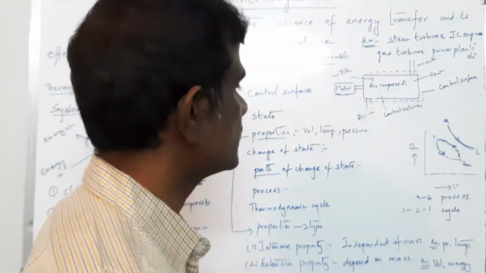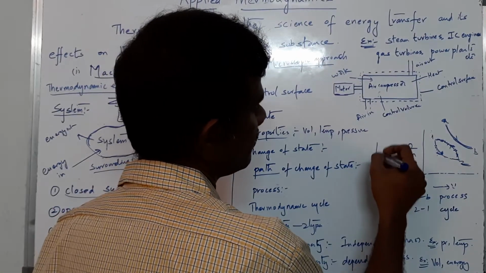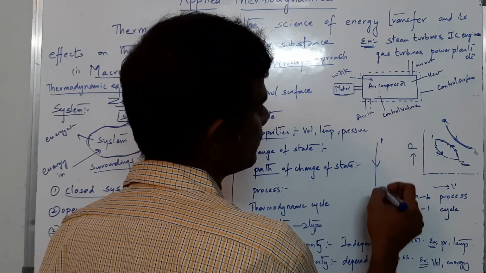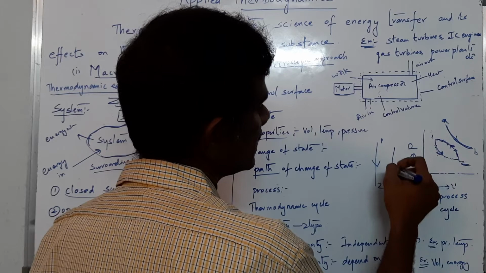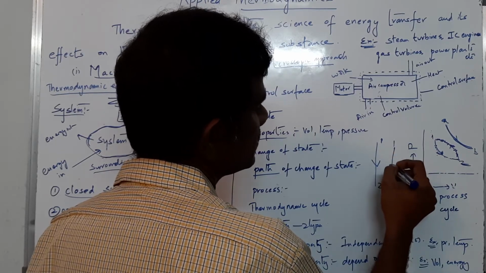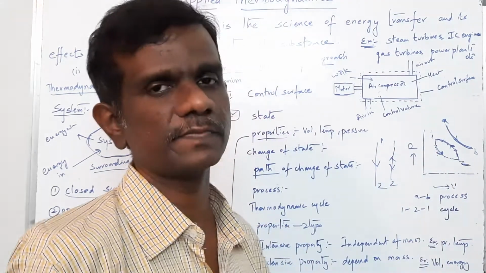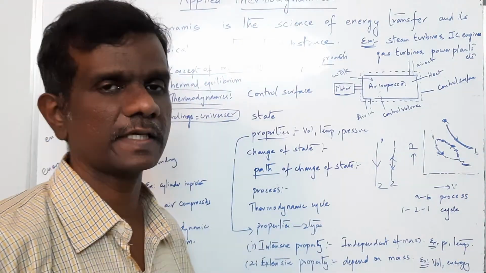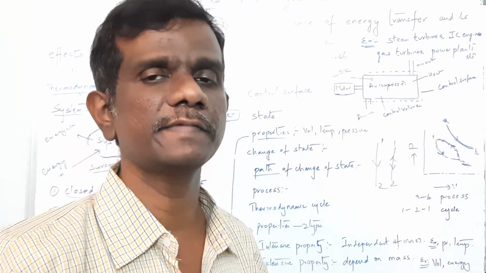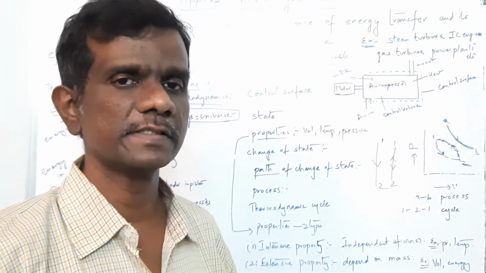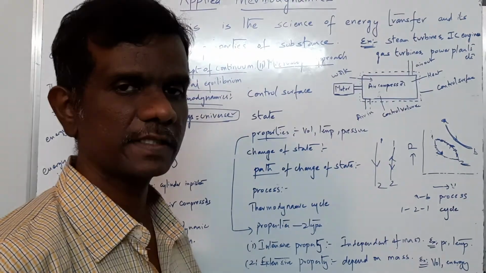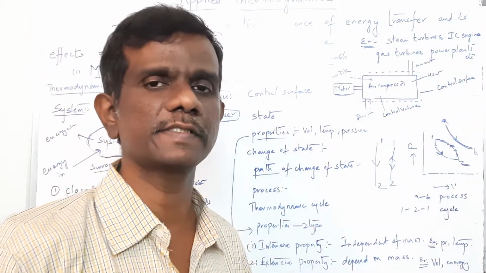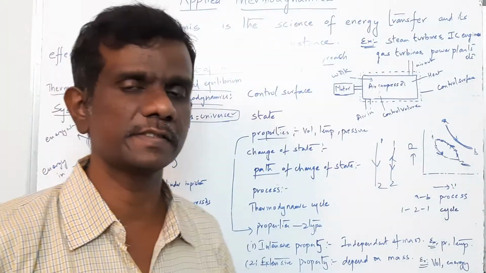Irreversible means the process can have only a single path, 1 to 2. A reversible process can go from 1 to 2 and 2 to 1. So this one is reversible, whereas irreversible is only one way. So if the final state is identical with the initial state, then that is said to be a thermodynamic cycle. We already discussed the properties or characteristics of the system: volume, temperature, pressure.